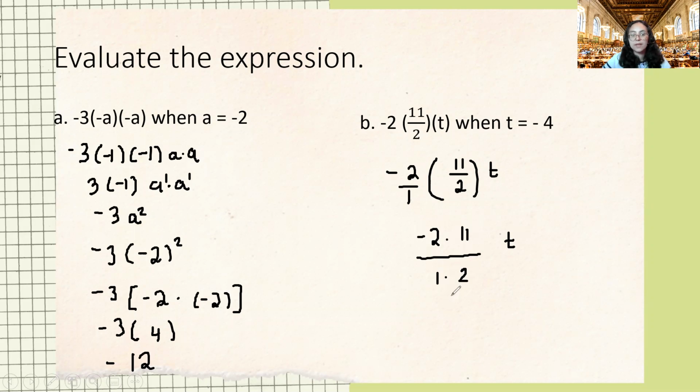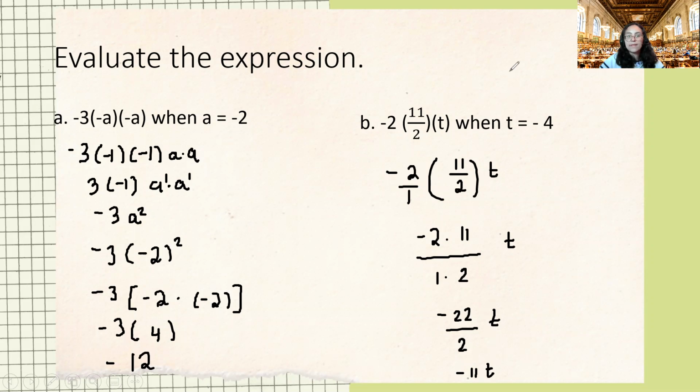Negative 2 times 11 will give me negative 22, and all of this will be divided by 1 times 2, which is positive 2. Negative 22 divided by 2 will give us negative 11t. Okay, so we got the same thing as if we were to just cancel these 2's up here.